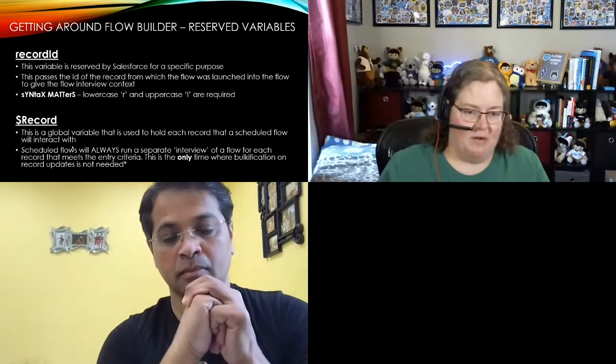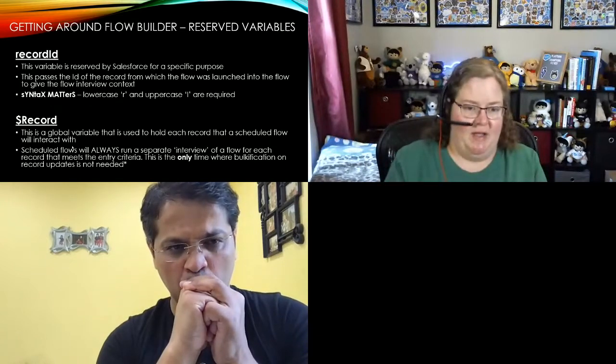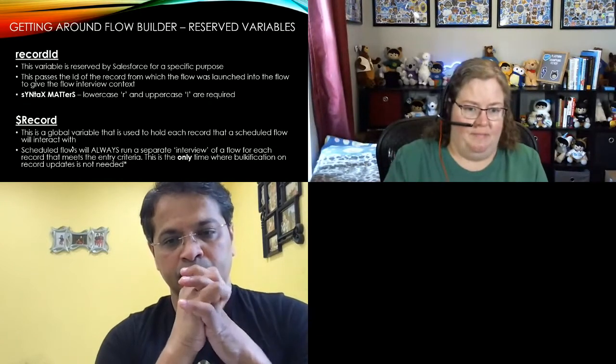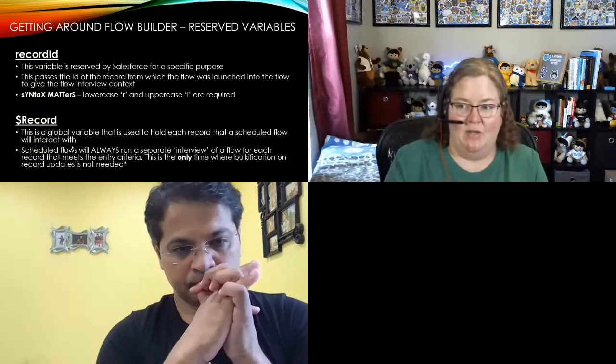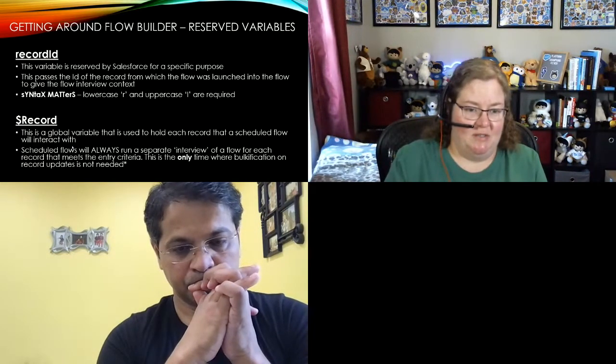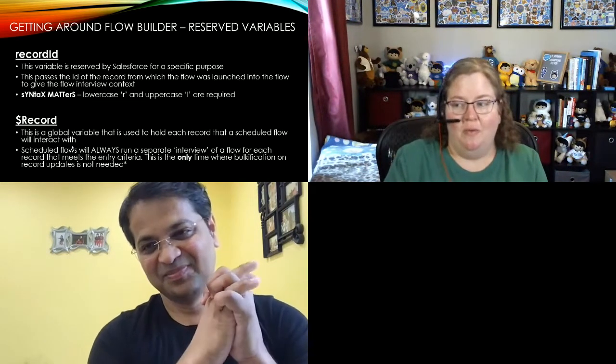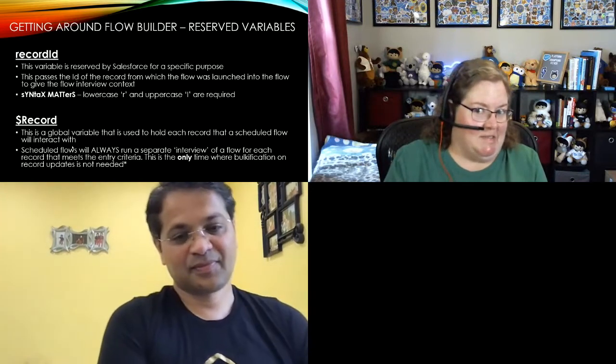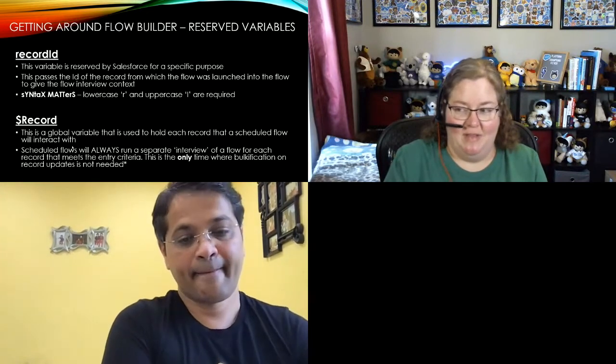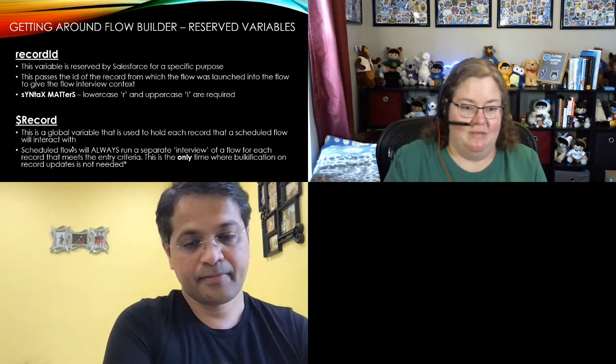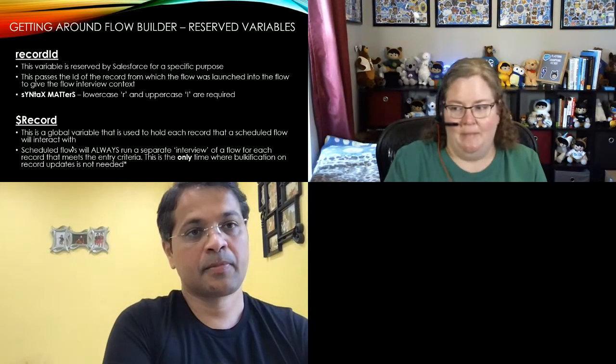I have not run across what that functional limit actually is. I'd say Google it. Maybe someone has posted an answer to that question somewhere, or you can always try it in a sandbox. If we ever find out what that record limit is, I would love to know it.